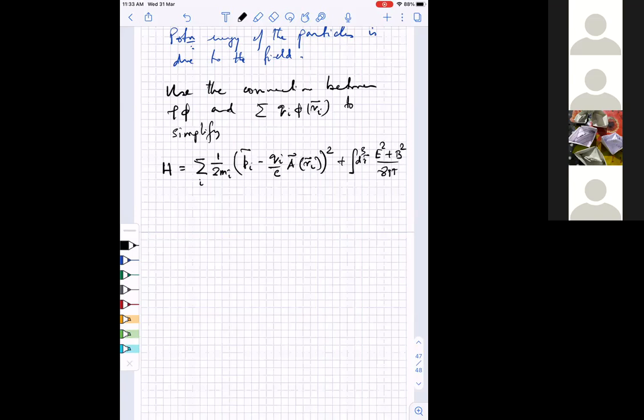See, I've only manipulated things that were already there. I've used basically my constraints, and I've used the fact that when we went to the Lagrangian formulation over the Lagrangian density, we had to write down everything in terms of density. So we had charge density and current density. This is how we have formulated stuff. So we used those properties and got this Hamiltonian.